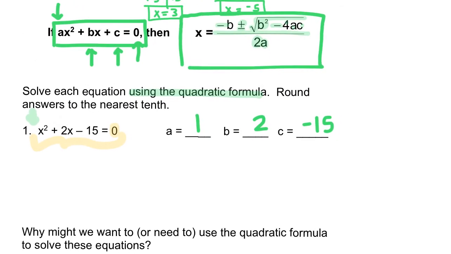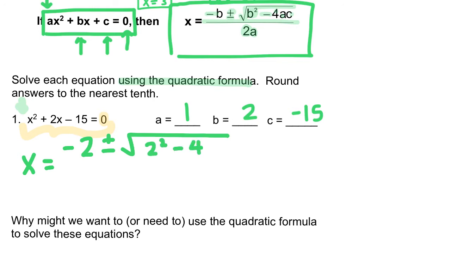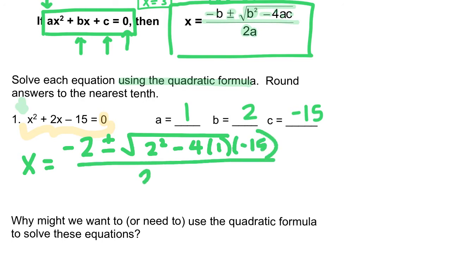So we're going to use that quadratic formula to solve for our solutions. So we'll substitute x is equal to the opposite of b plus or minus the square root of b squared minus 4ac all over 2a.